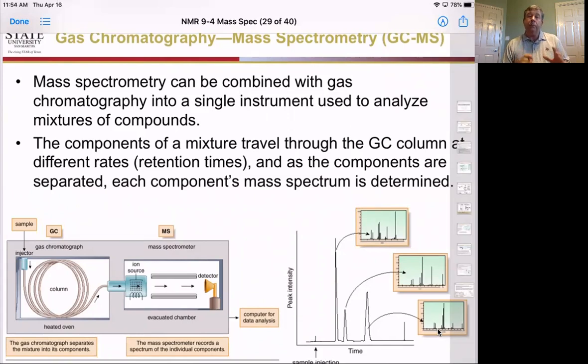The way we use it on mixtures is when you combine the mass spectrometry with gas chromatography, you can first separate the materials in the gas chromatography setup and then do mass spec on each of the individual peaks. So not only will you get the relative ratio of the different materials in your mixture, you will also have positive identification of each of the individual peaks based on the fragmentation pattern of the mass spectrometry.